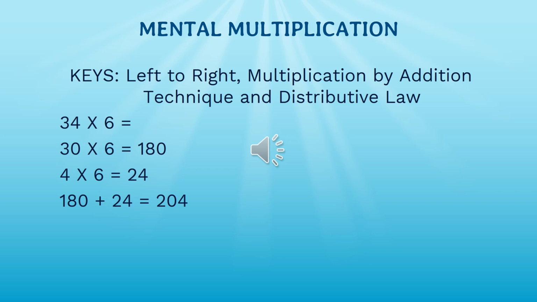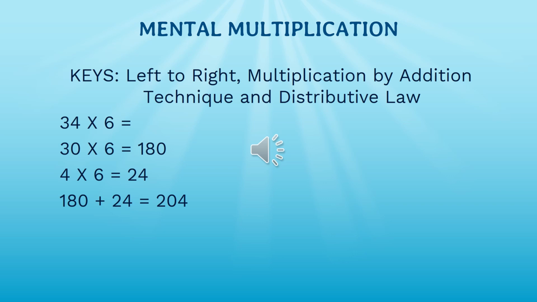It's 34 times 6. The larger factor 34 can be decomposed, or expanded, into 30 plus 4. With that, I can distribute the other factor, which is 6, to 30 and 4. So here I have a new number sentence: 30 times 6 plus 4 times 6.